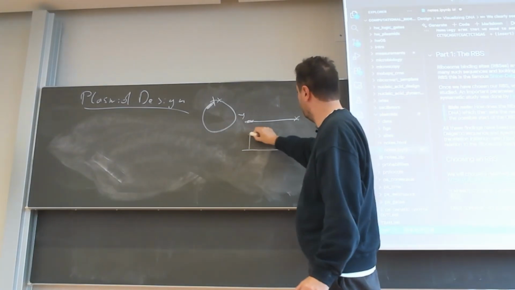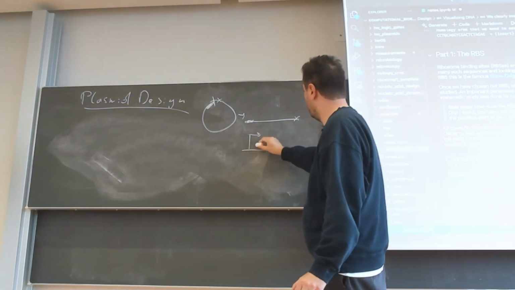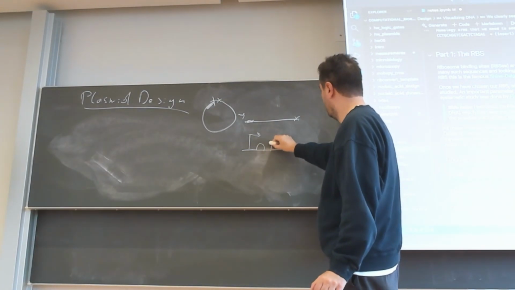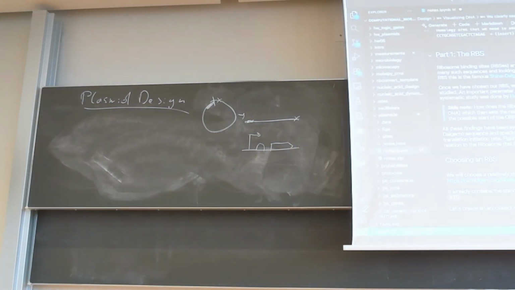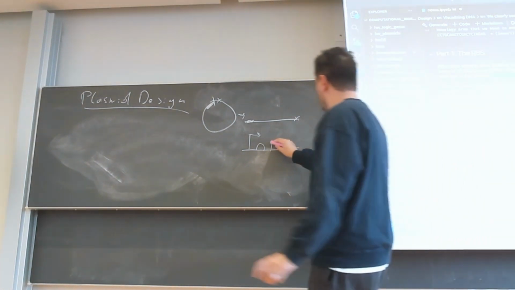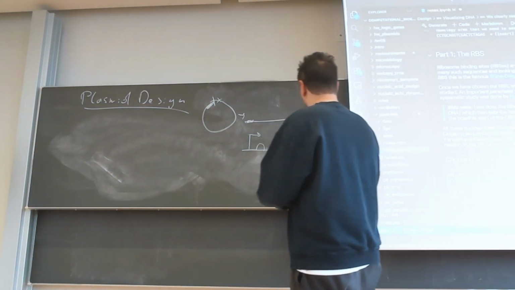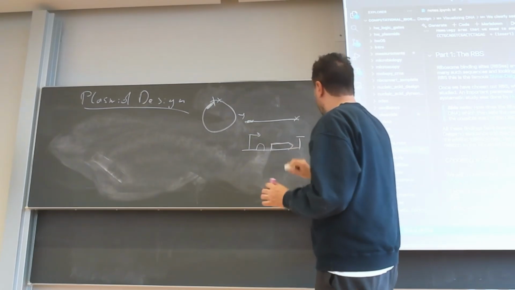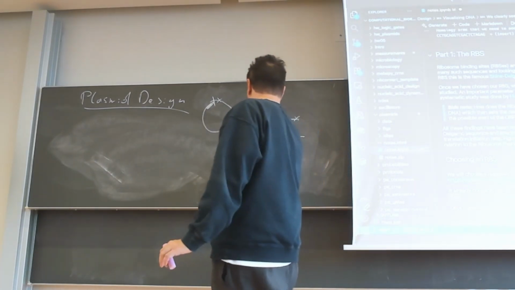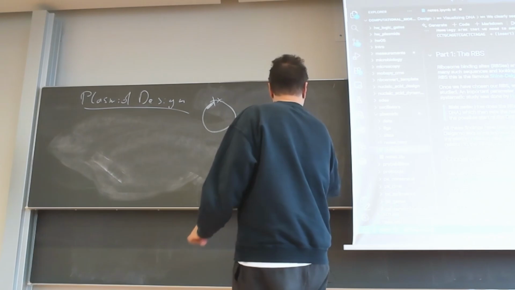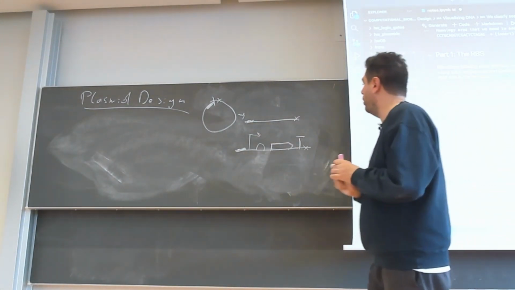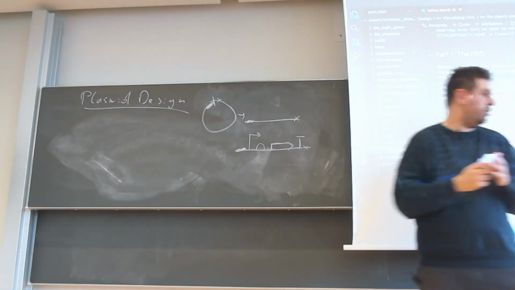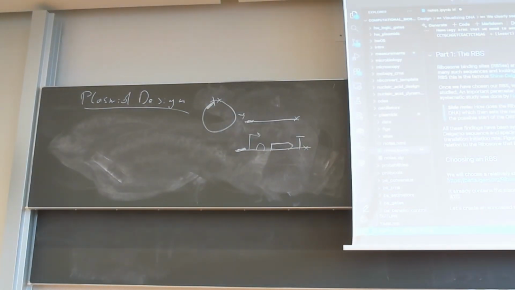It has a ribosome binding site, a gene, which we'll see in a second, and a terminator. And then, of course, we have to add the arms so that they can finally anneal to the construct.